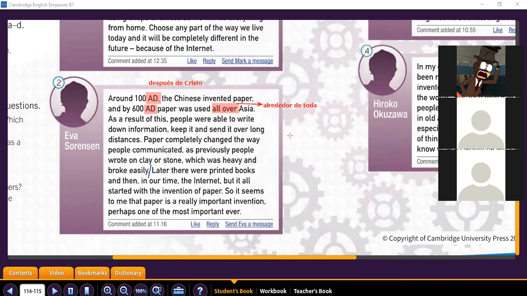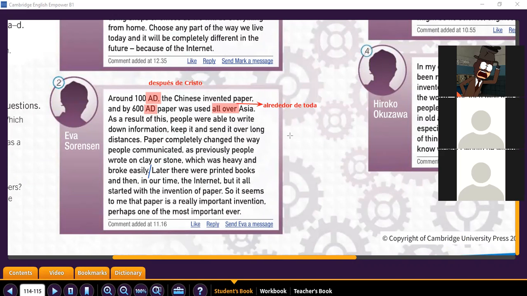As previously, people wrote on clay or stone. Es decir, que antes la gente escribía en cualquier otra superficie que no sea el papel, ¿verdad? Por ejemplo, escribían en la piedra o también escribían en el barro o en la arcilla, ¿no?